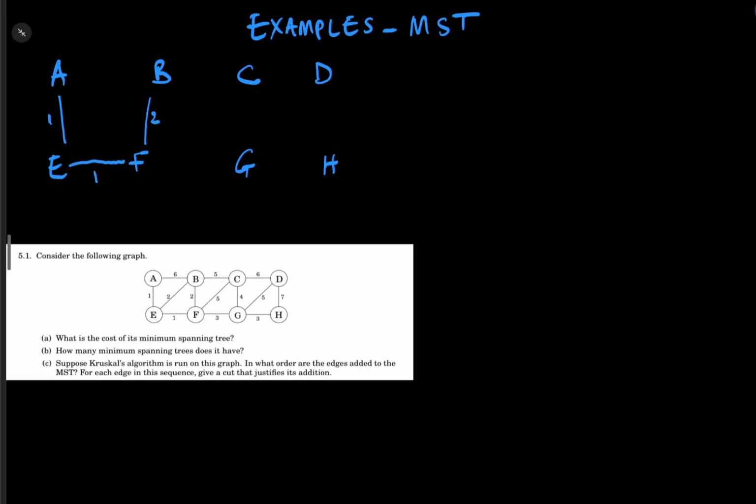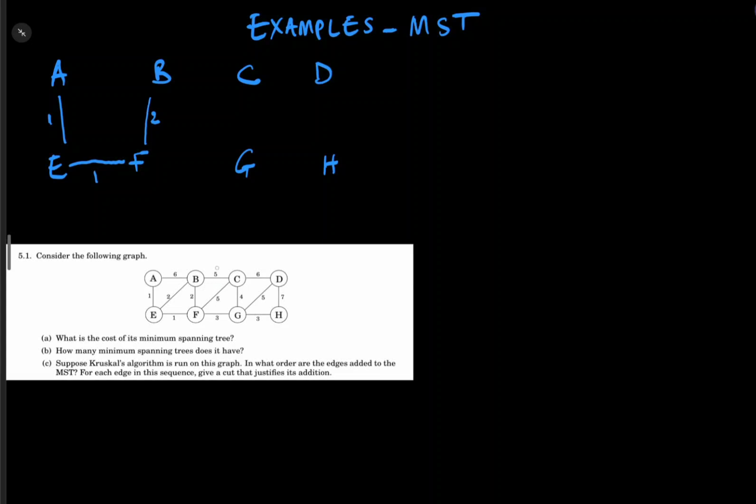If we consider BE, which is another cheap edge, we see that it forms a cycle from B, E, F back to B, so we don't put that down. We also don't put down A to B because if we have the edge A to B, it forms a cycle from A, B, F, E back to A. So we move on.